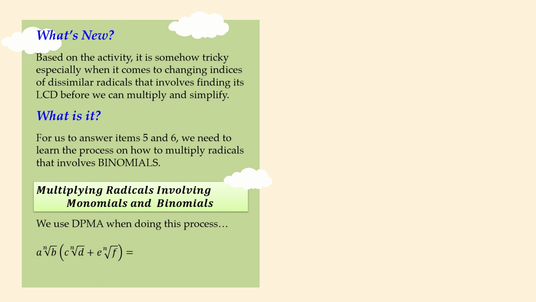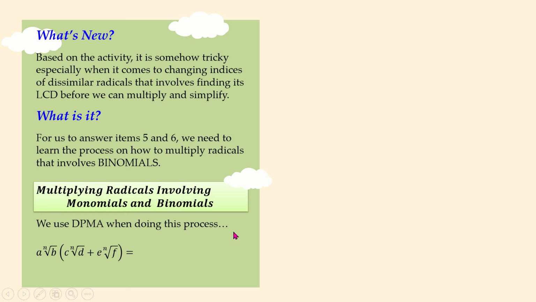Okay, we use DPMA. What is DPMA, sir? Something important. DPMA stands for distributive property of multiplication over addition. You learned this in grade 7 or grade 8. We use this property when multiplying a monomial to a binomial.